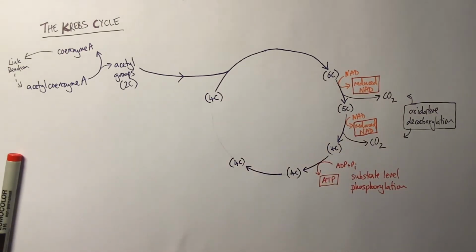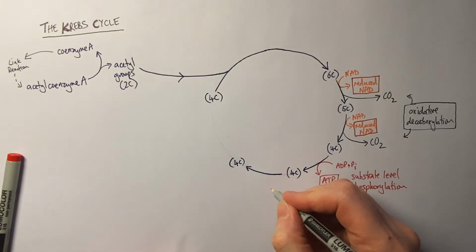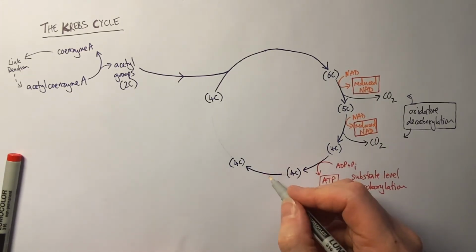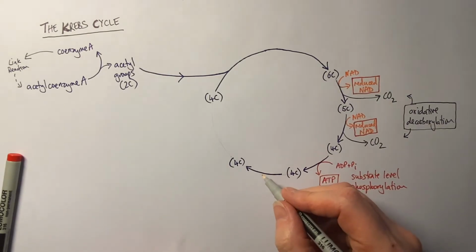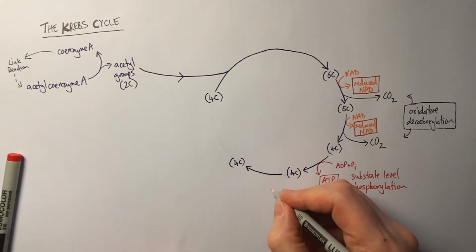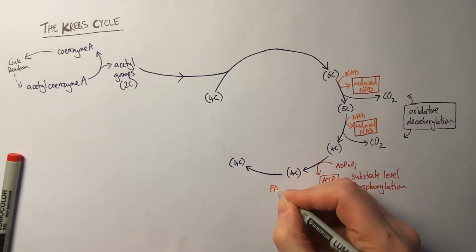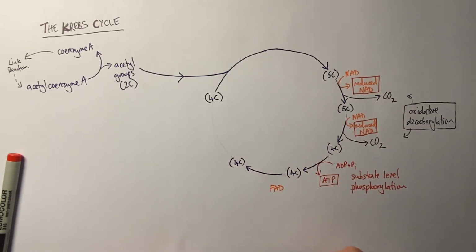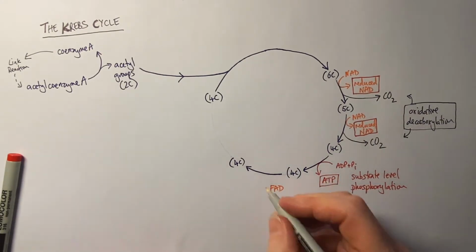4-carbon compound. And to do that, we need to lose hydrogen again. However, for some reason, NAD cannot take the hydrogen away from this molecule. A different coenzyme is needed, and this other coenzyme is called FAD.